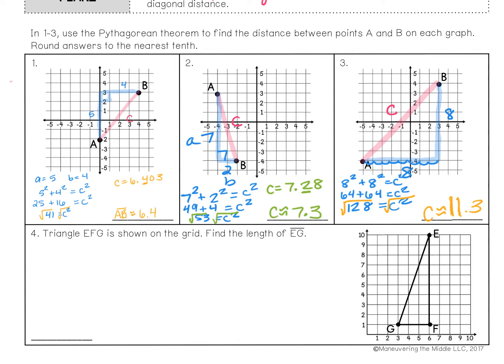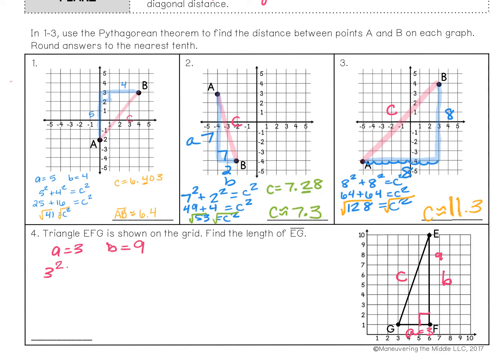Now in number 4, it's nice because they've already drawn the triangle for us. So all we have to do is label our sides. So I know that my diagonal side is C. My two sides that form this right angle are A and B. So A is going to measure 3, and B goes from 1 to 10. That's going to measure 9. So I'll have A as 3 and B is 9.